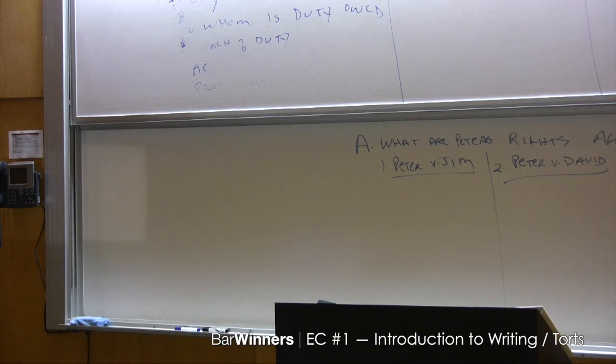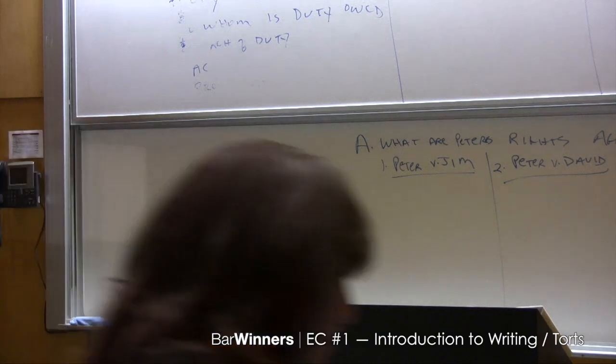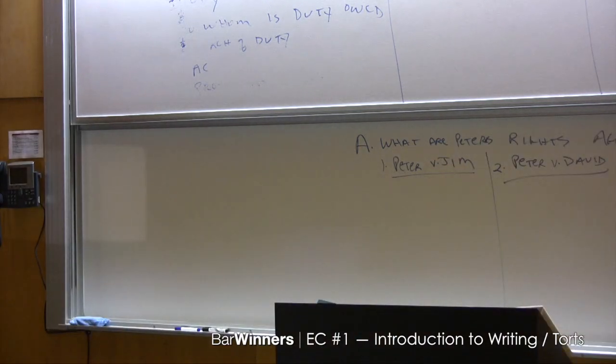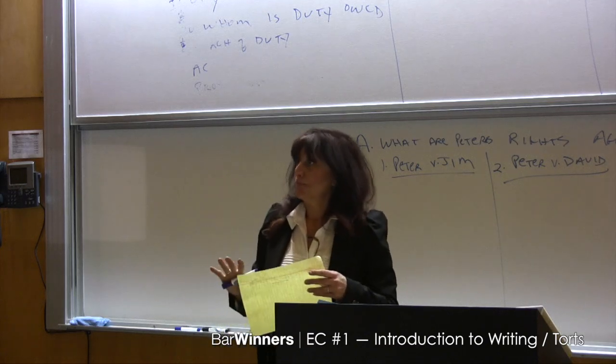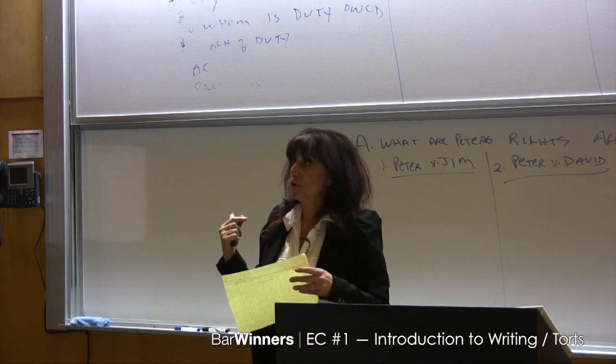Kind of messy. Not in pencil, give it to me in pen. Peter versus Jim. Peter versus David. Peter versus Busco. Okay, but notice what's missing. Can I just use this as an example? Okay, I just looked at a student's layout of this question, Peter's wallet.